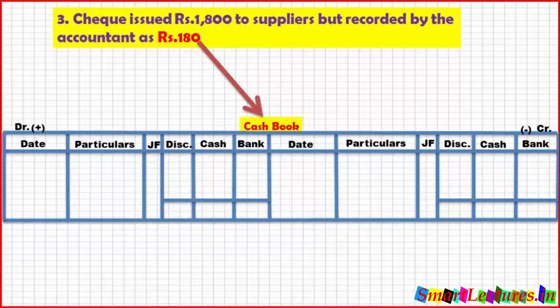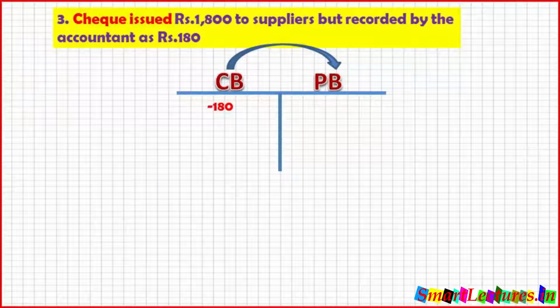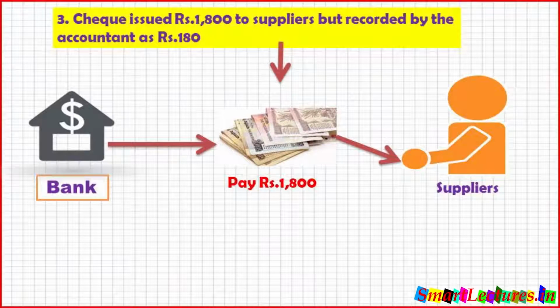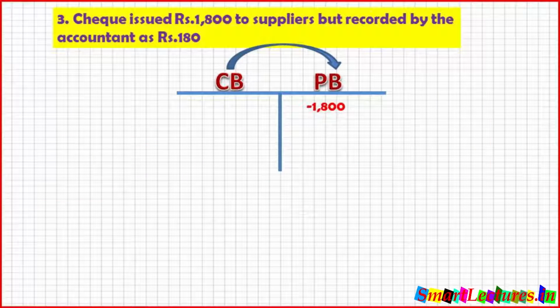Means when the check was issued, cash book was showing minus 180 because they treated it as 180. But when the check was presented by the supplier at our bank, the bank immediately paid 1,800 to the supplier because the check was for 1,800. So passbook was showing minus 1,800 but cash book was showing 180.